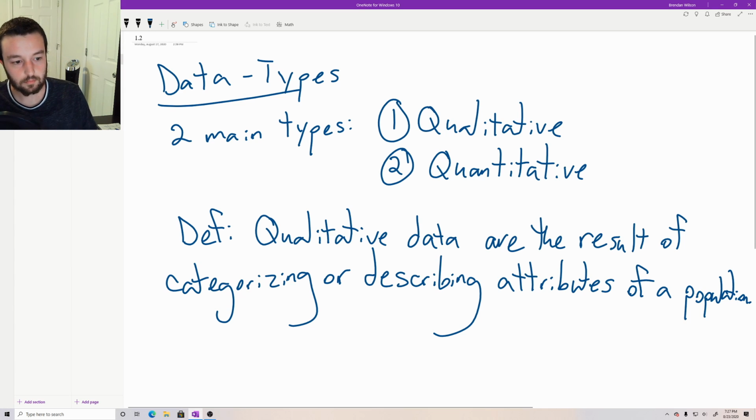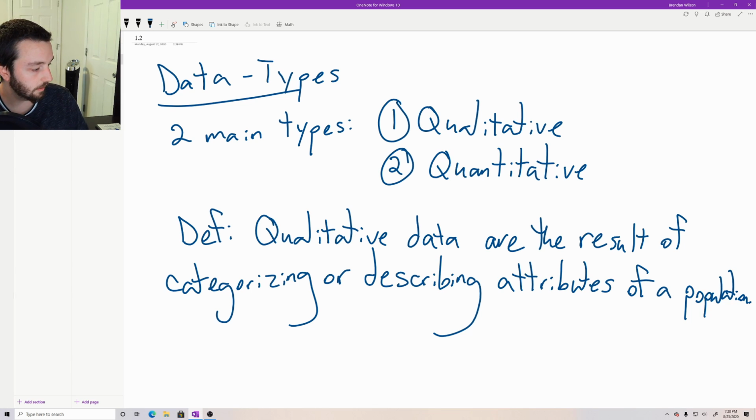The book mentions that another word for this is categorical data, from this word categorizing. So this would be stuff like hair color, eye color, gender, grades in a class. Basically anything that we can't really describe numerically.